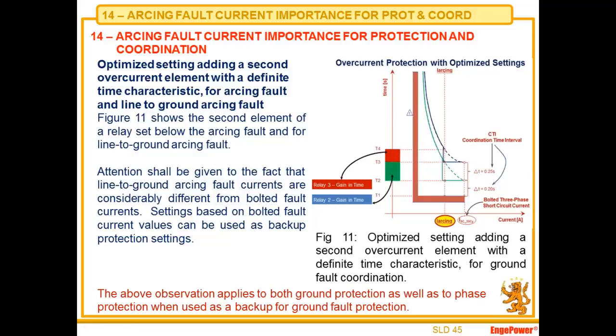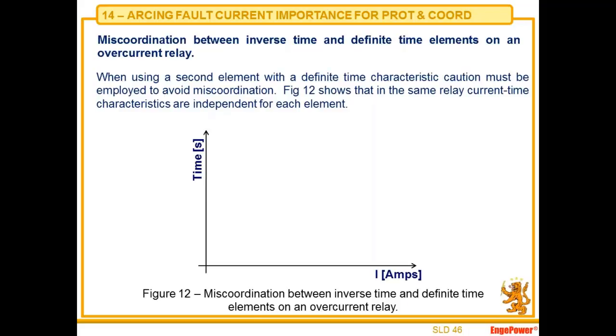Using the optimization technique, you set a second element with definite time. So both relays will trip at the same time for bolted fault and for arcing fault. This is very, very nice because our incident energy and all our closest categories will be lower.